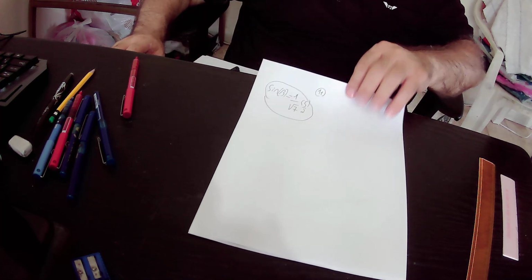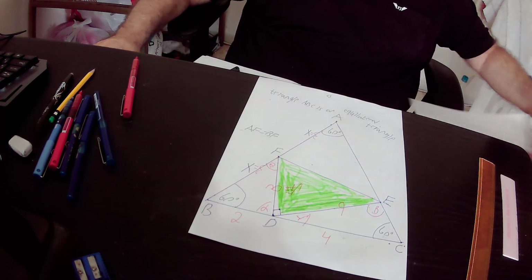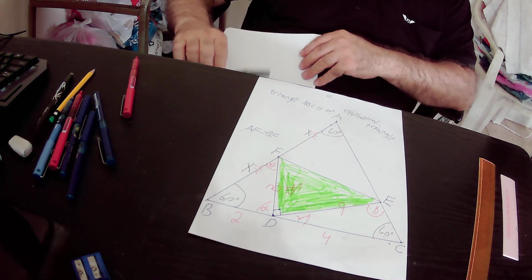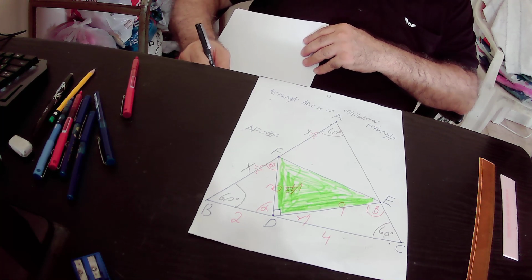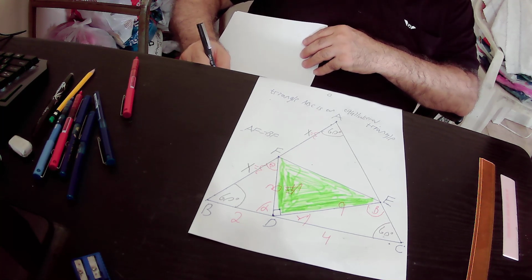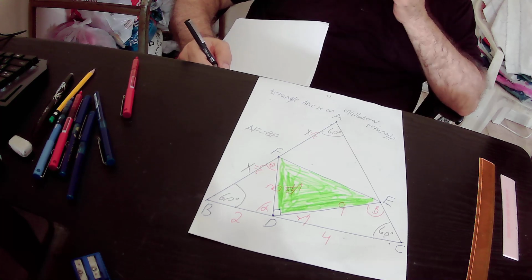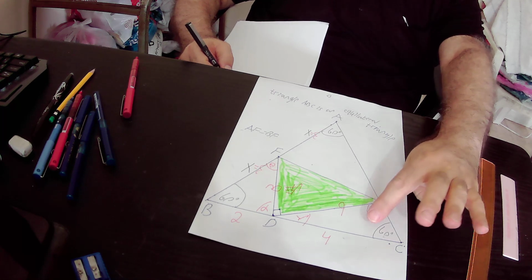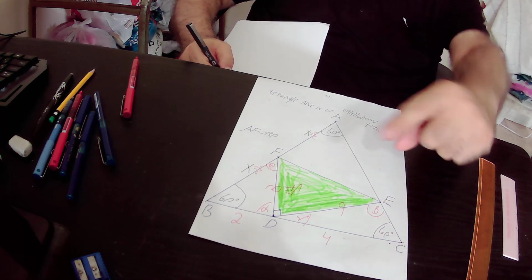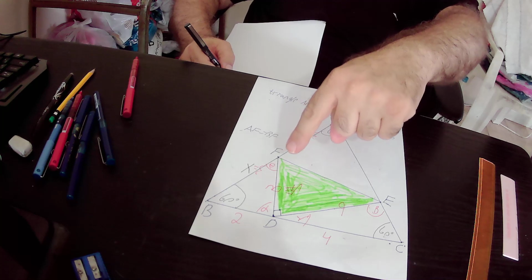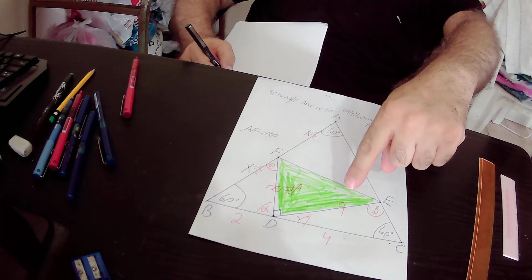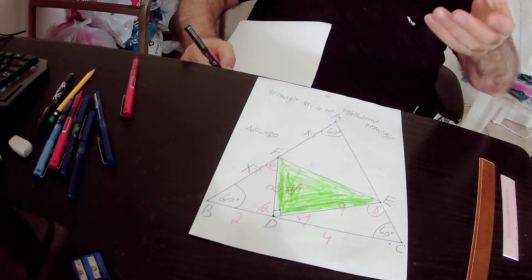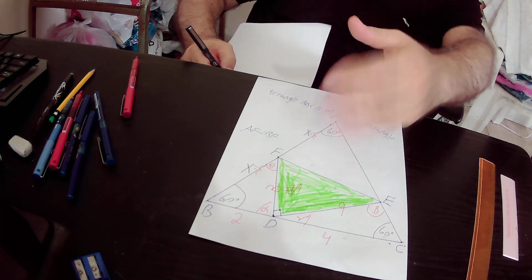Okay, so in the next step, we will implement the law of sines in triangle DEC, in order to find out the value of B. We have already found out the value of A, and after we find out the value of B, we can calculate the area of the green triangle.